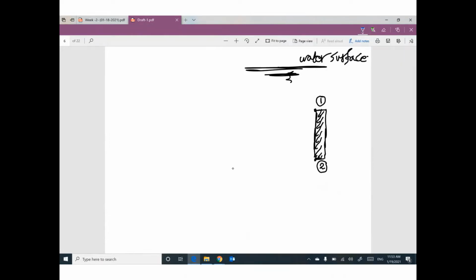Point number 1 is at a distance of 5 feet from the water surface. Point number 2 is at a vertical distance from the water surface of 10 feet. What is the value of P1, the pressure at point 1? What is the value of P2?